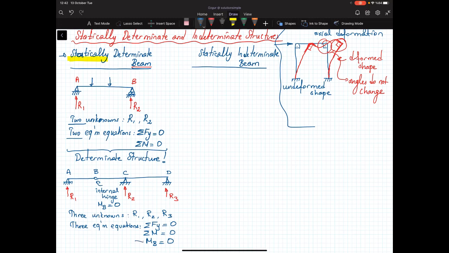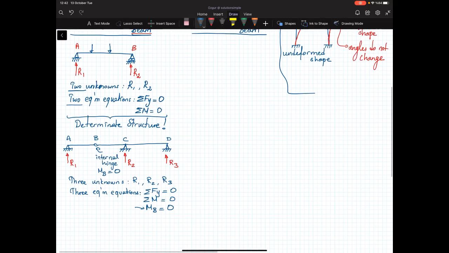This is the additional equation that we get from the internal hinge. So again, when I look at this structure, that's a determinate structure for me, because I can determine all the unknown forces by just using the equilibrium equations.